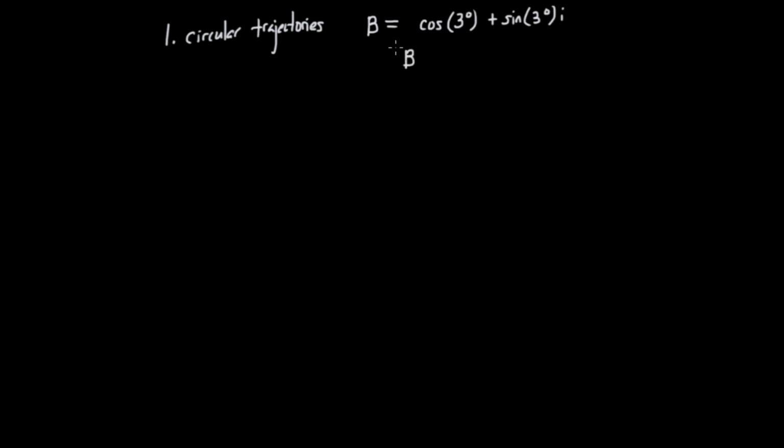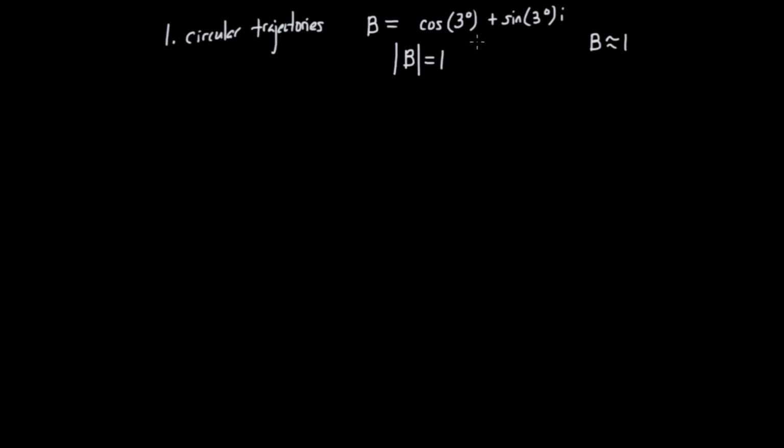And hopefully you can see that the magnitude of B is going to be 1. So this number comes right off the unit circle. And hopefully you can also see that B is approximately equal to 1. So it's pretty close to 1, which means that multiplication by B does almost nothing.